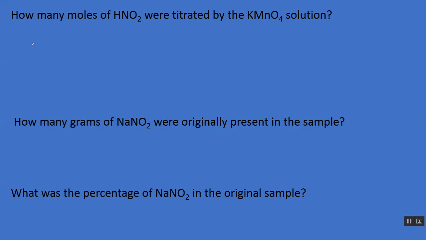Now, in order to answer this question, let's go back and consider a few things. I'm going to rewrite my balanced redox reaction again, just so we have it. So it was H+ plus 5 HNO2 plus 2 MnO4 negative yields 5 NO3 negatives plus 2 Mn2+ plus 3 waters.